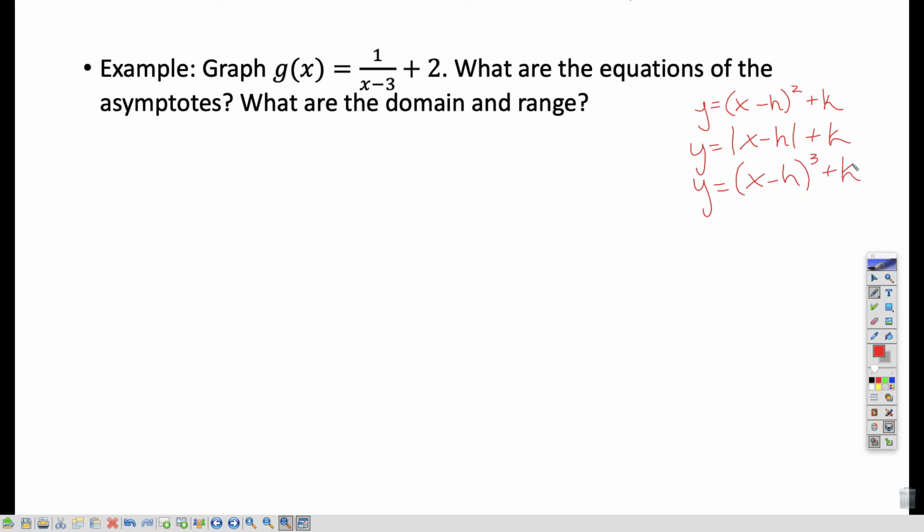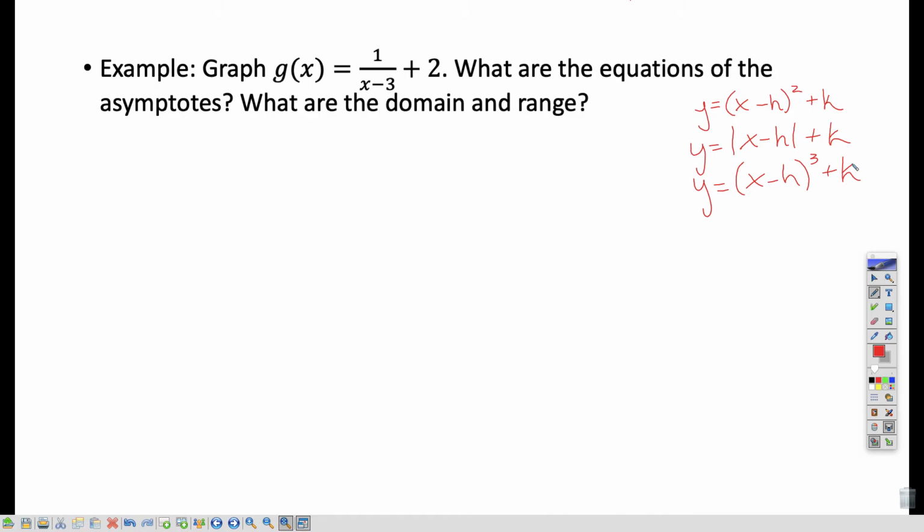Could I do that with any of them? Yeah. So what do you think this one is? x plus h? Why would it change to plus h when they've all been minus h? Would that change? No. I think the outside changed?